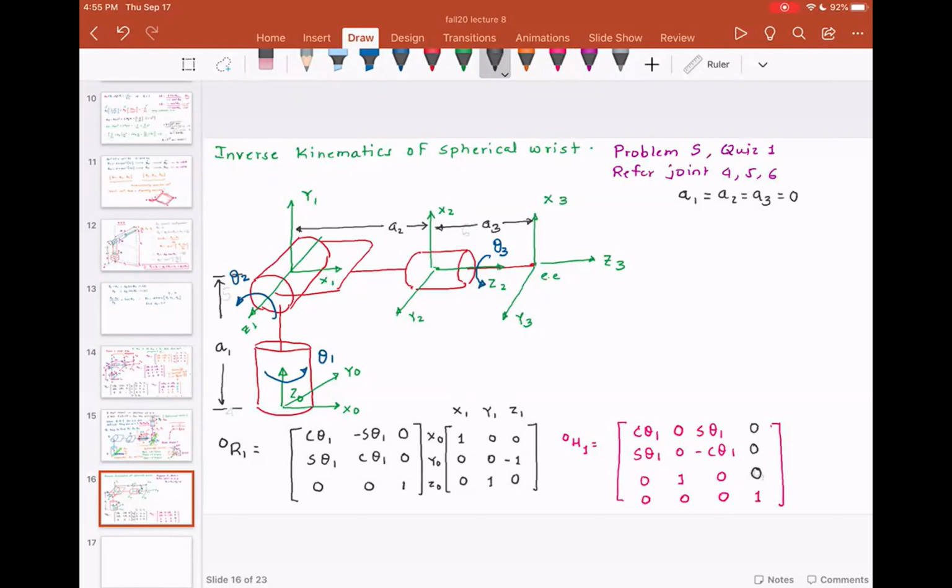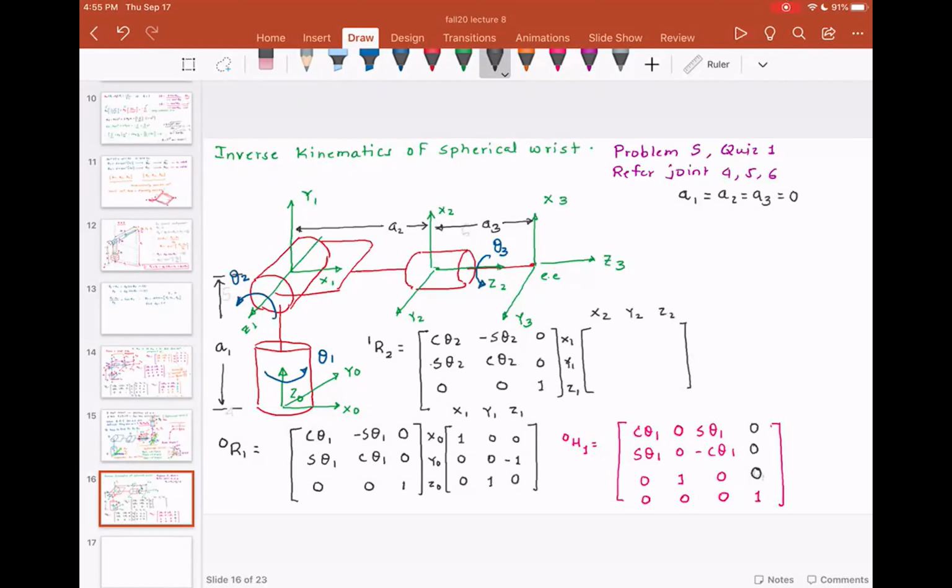Now I'm going to write my second homogeneous transformation matrix, which is 1R2. 1R2 can be written as [cosine theta 2, minus sine theta 2, 0; sine theta 2, cosine theta 2, 0; 0, 0, 1]. Let's not forget the projection matrix, which happens to be x2, y2, z2 against x1, y1, z1.